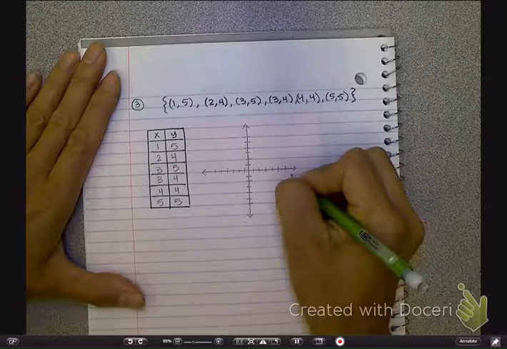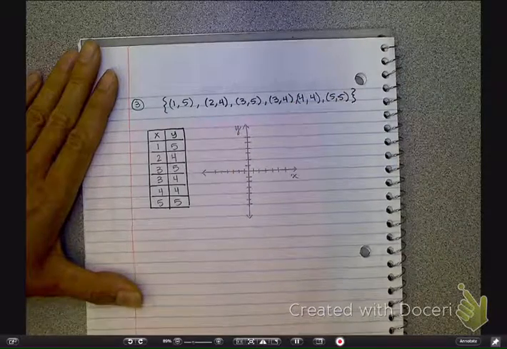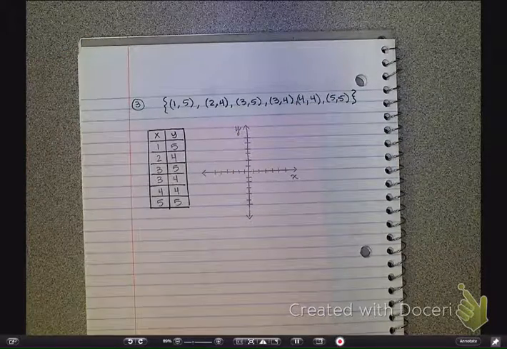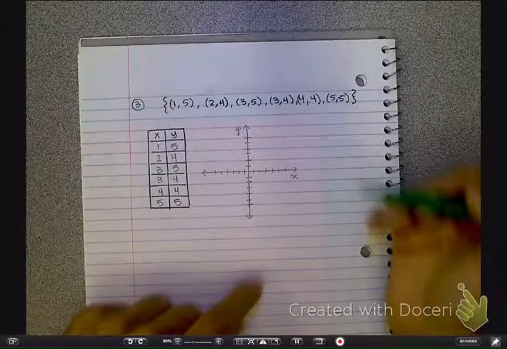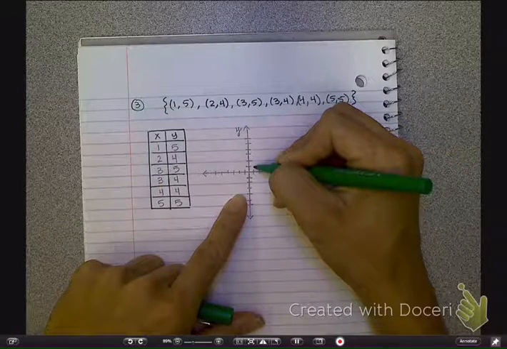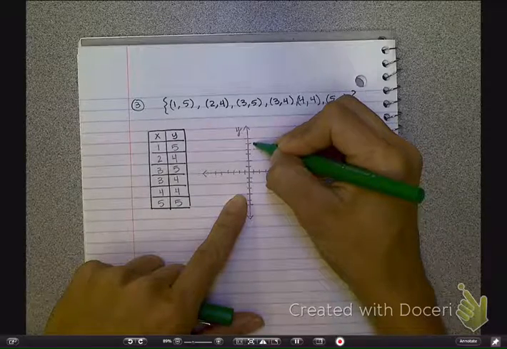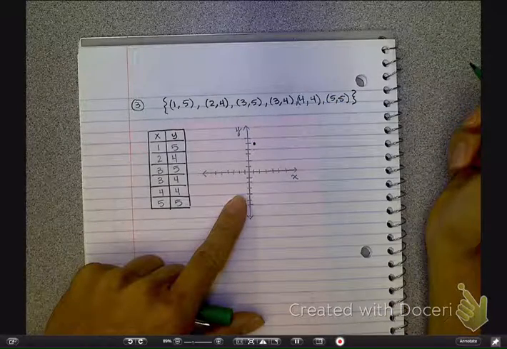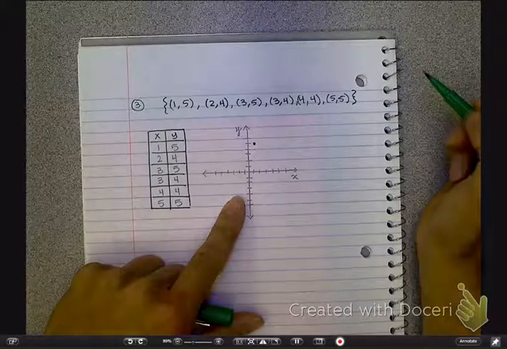Okay, and this is your x-axis, and this is your y-axis, so we'll label those. Okay, so let's go ahead and start graphing our points. 1, 5, so over 1, up 1, 2, 3, 4, 5. Just do the best job you can trying to get the points into the right place. Okay, I know we don't have grid lines here. You guys can draw grid lines if you want.